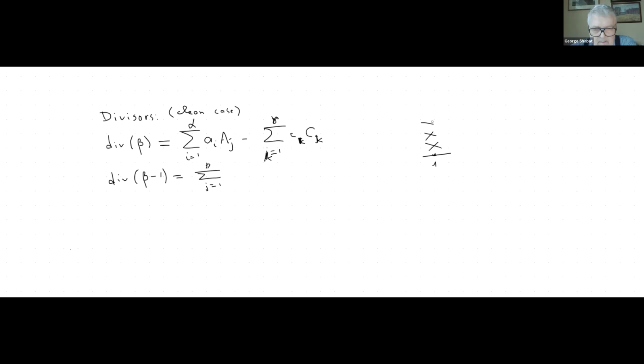Then the divisor is twice the sum of some points, with of course the same negative part. 1, 2, gamma.